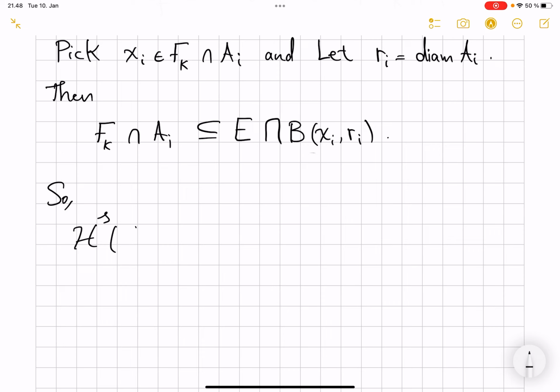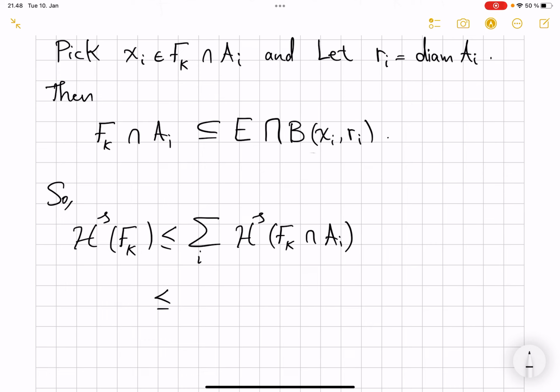So let's just apply every estimate that we've had. So Hs of Fk will be less than or equal to, so this is just subadditivity, Fk is covered by Ai's, so this will be Fk intersection with Ai. This is just subadditivity. It doesn't even require measurability or anything.